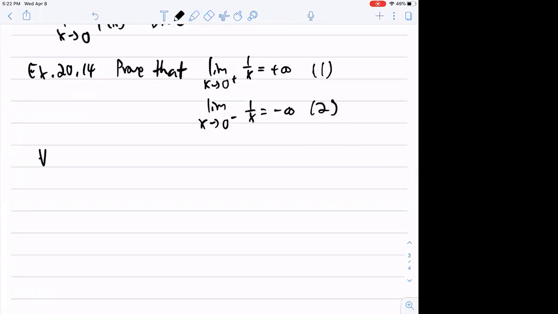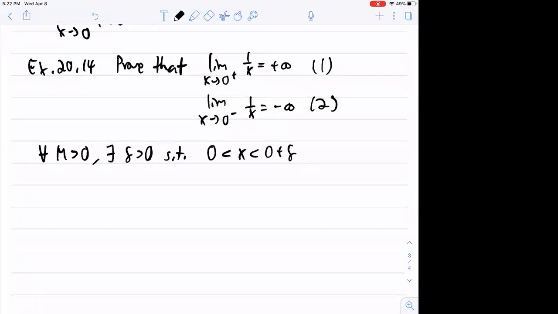For all M greater than 0, there exists delta greater than 0 such that, instead of absolute value, since I'm doing the right limit, it's going to be 0 less than x less than 0 plus delta. If, I always forget the if, then 1 over x is bigger than M.